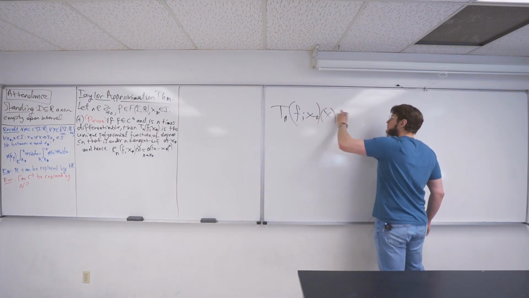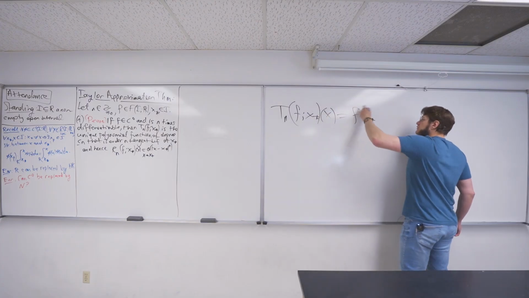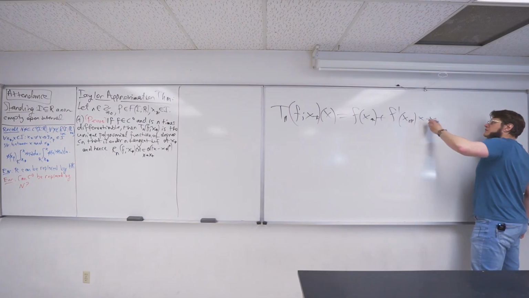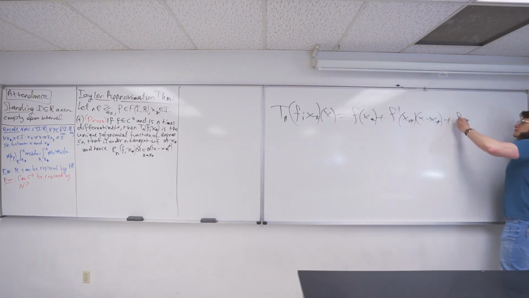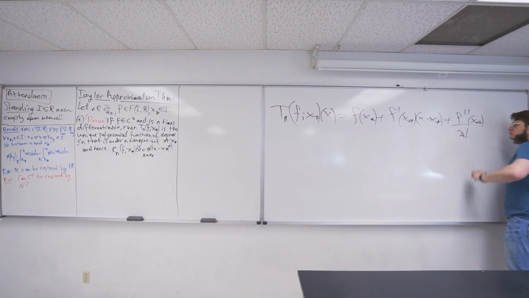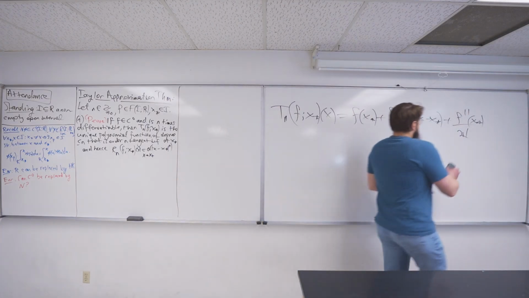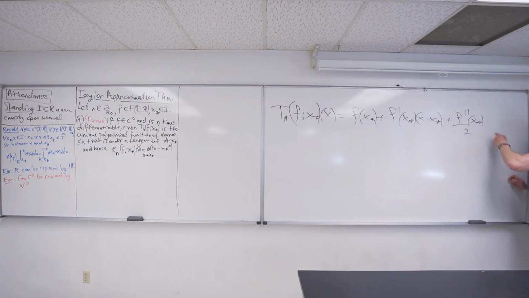Right, so this was this, like so, second derivative at x star divided by 2 factorial, x minus x star raised to the power 2.